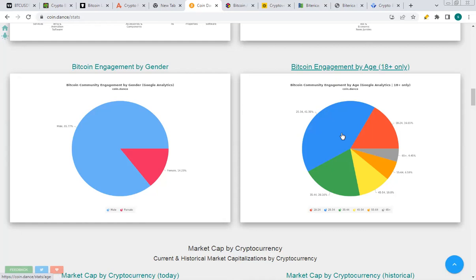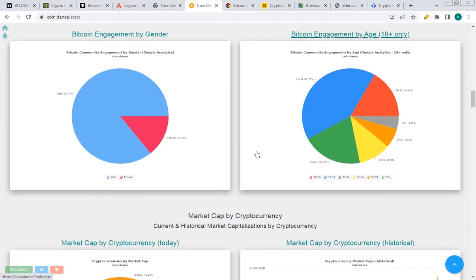Okay, engagement by age, we can see that the most popular age group for Bitcoiners is 25 to 34, the biggest group of Bitcoiners. 18 to 24, they're up there at 16%. 35 to 44 at 20%, and even the 65 plus at 4.5%. So all age groups getting involved in Bitcoin.